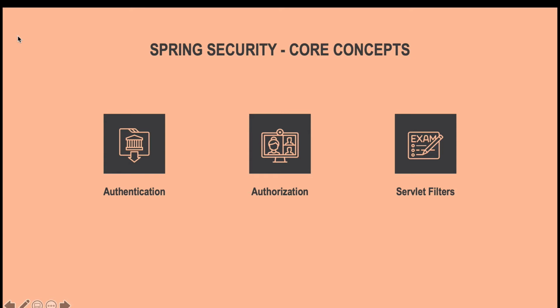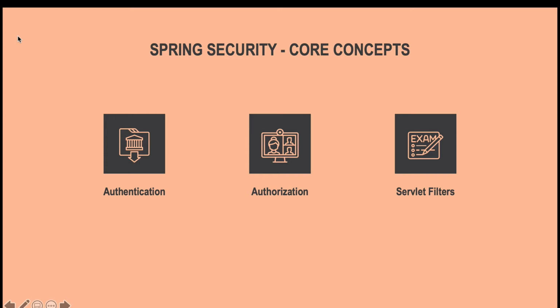All right. On a very high level, there are two concepts in any security framework. For now, just ignore the servlet filters; I'm going to talk about them. But let's first talk about the two core principles on which any security framework works. The first is authentication and the second is the authorization process.